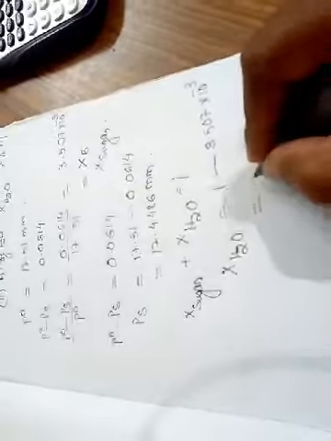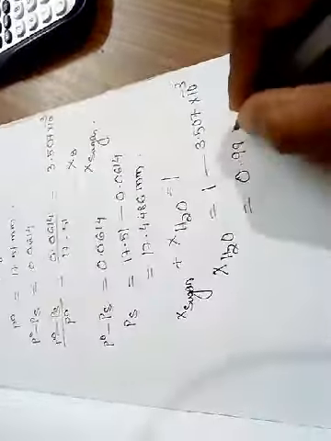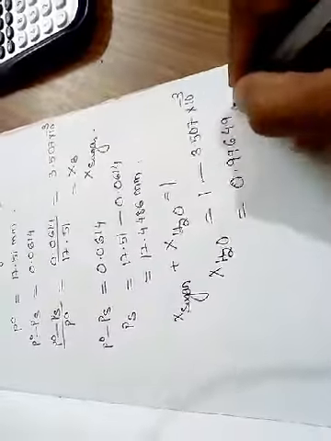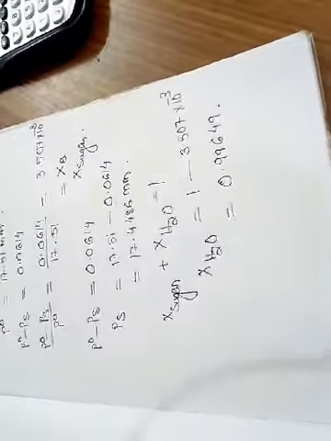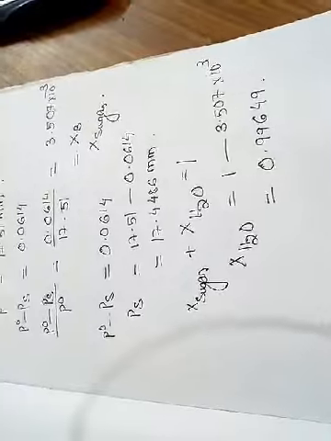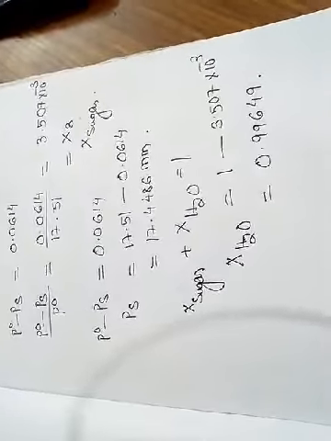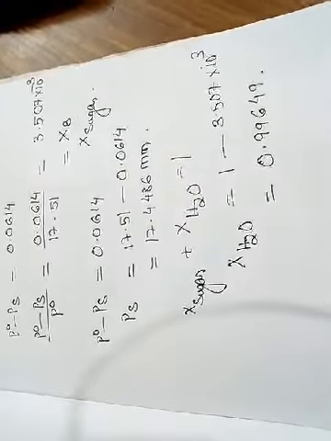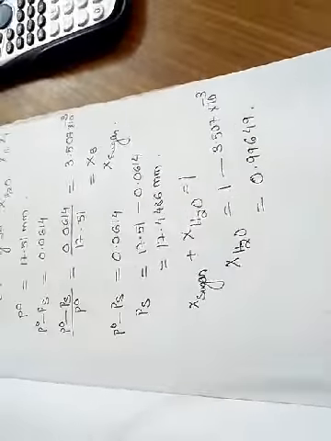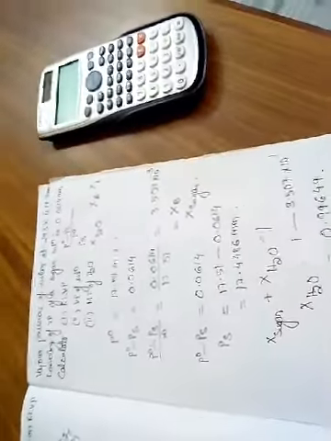This is equal to 0.99649. This is a very simple problem just to understand the expression which we are using in relative lowering of vapor pressure. Now let us take up another numerical.